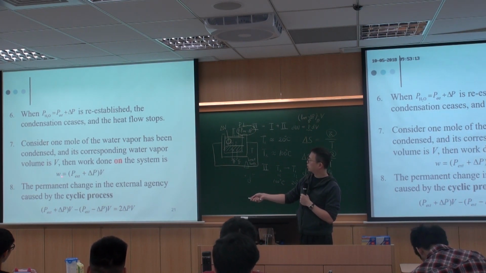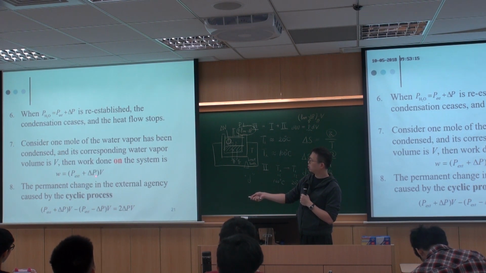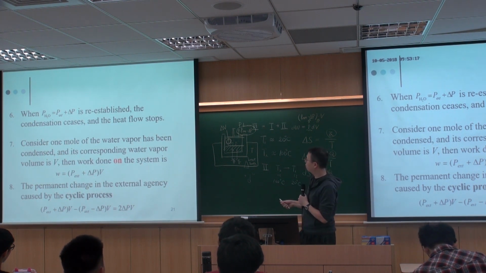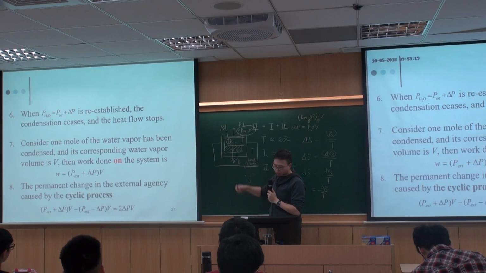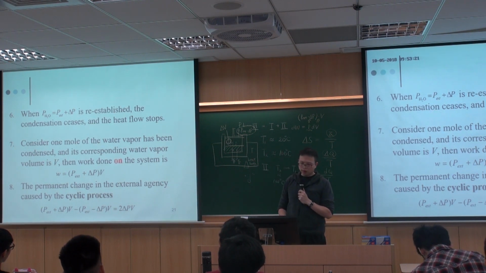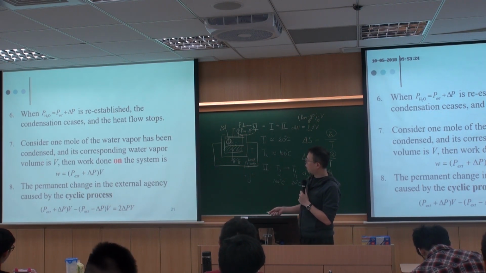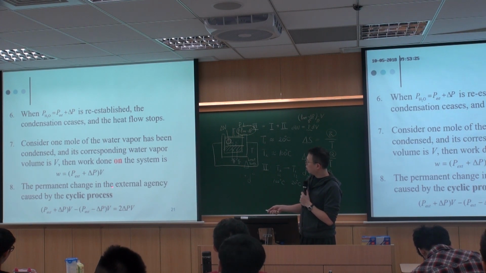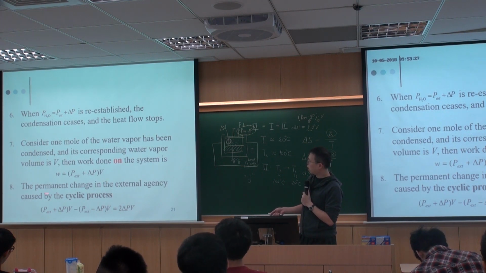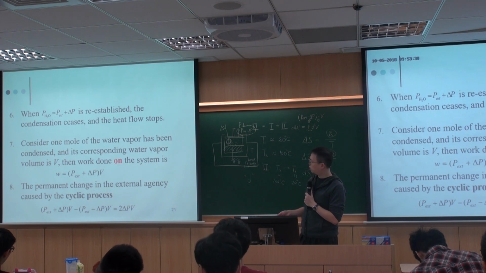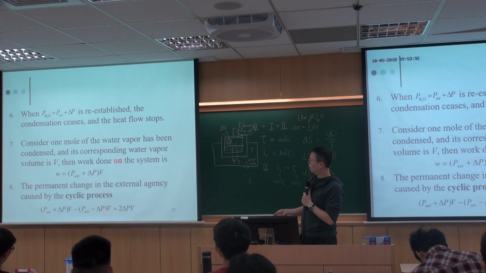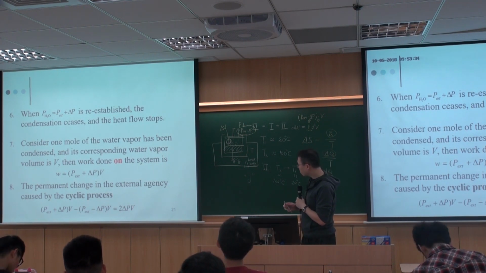So this is constant. P plus delta P is constant, and V is the change of volume of the vapor. And therefore, the permanent change in the external agency, caused by this cyclic process, is 2 delta P times V.